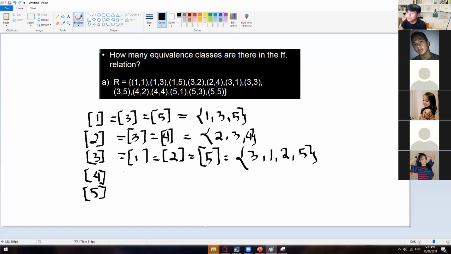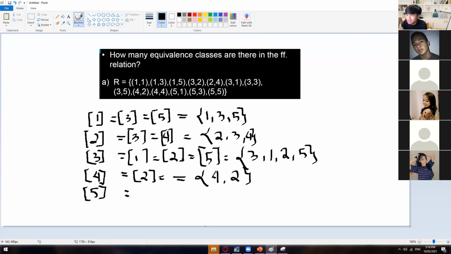All right, so for number 4, 4 is related to 2. And then 4 is related to no more. So this is again another class: 4 and 2. It doesn't matter what the arrangement is. It could be 2, 4, or 4, 2.